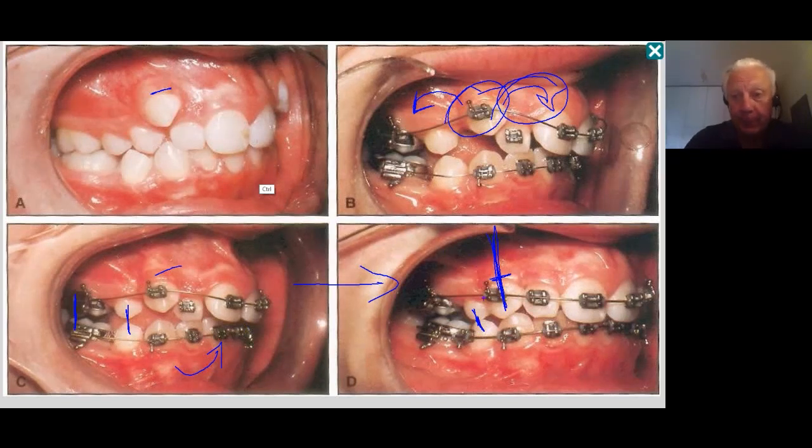Nevertheless, we have not achieved the same nice occlusion that we had here. So this is a very good example for me to explain why a continuous arch wire has so many limits.